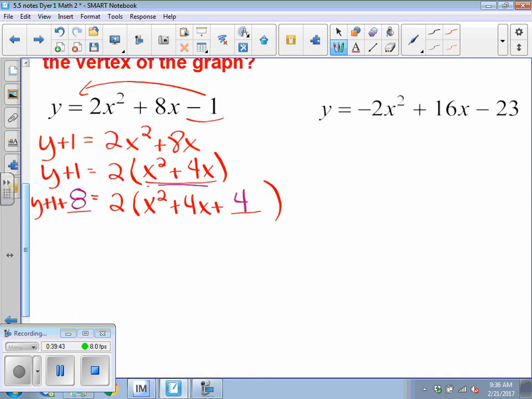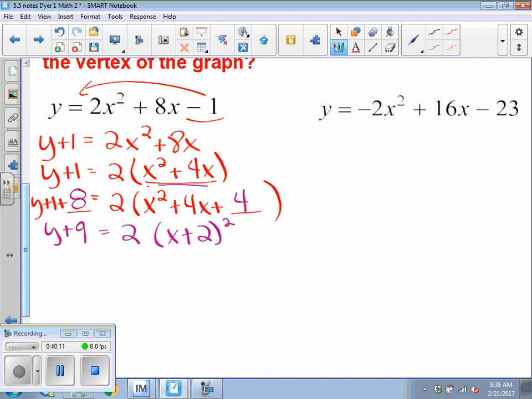Now, just simplify this. So this is y plus 9 equals 2. Now, if you factored this, this would factor to what times what? x plus 2 times x plus 2, right? If I did guess and check with this, it would be x plus 2 times x plus 2. So that's equal to x plus 2 squared.